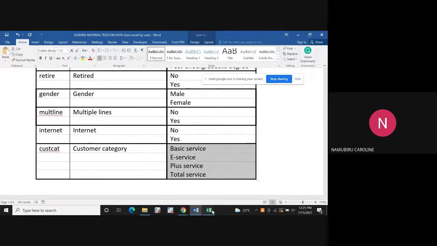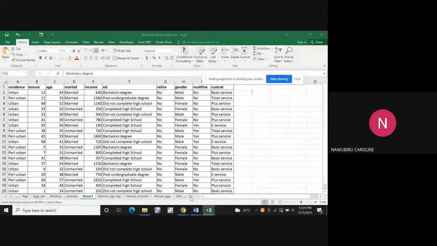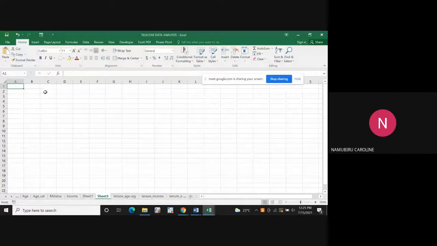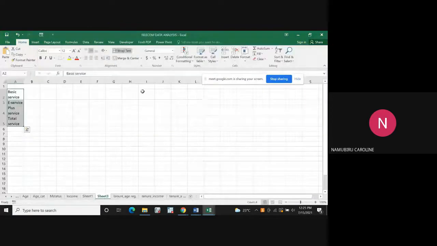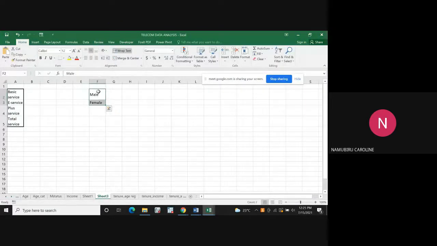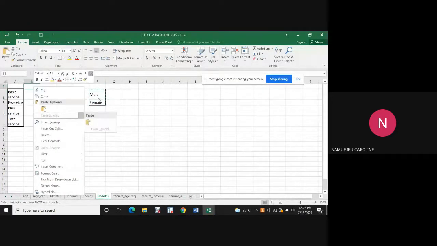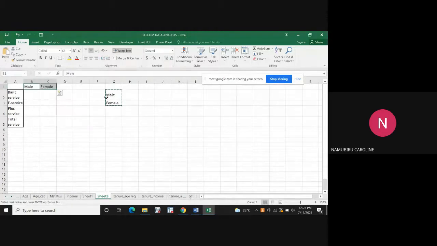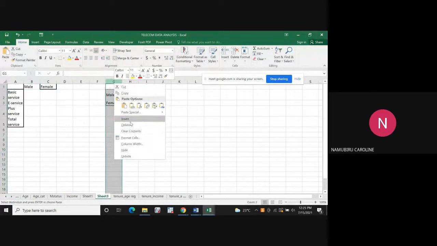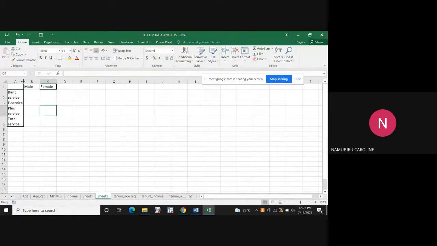If you can follow me as I work this out, you can have one variable like that, and then you can have the other variable in such a manner. So one is row, the other one is column.